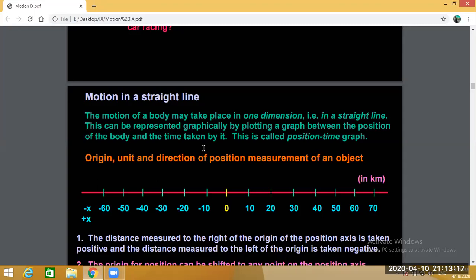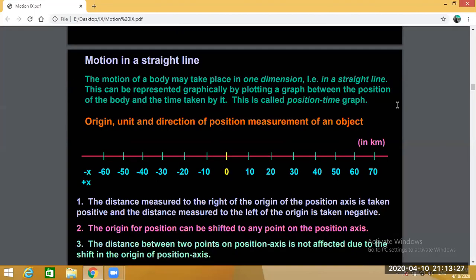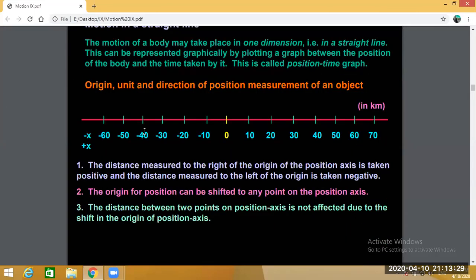So right now, starting from here, we take a straight line which is calibrated in kilometers. Look at this, 0 indicates origin.